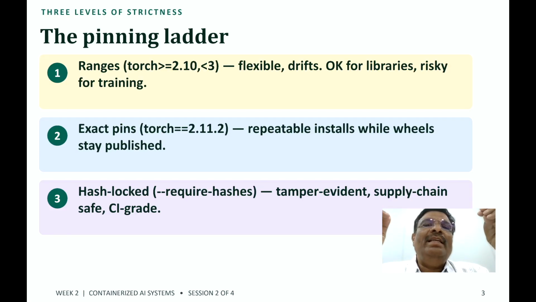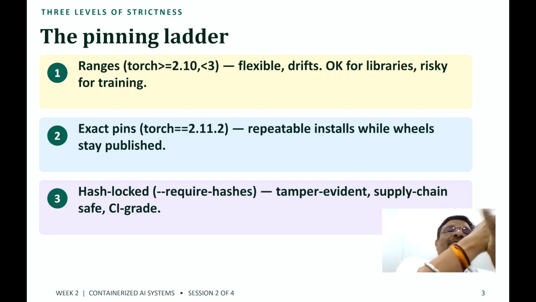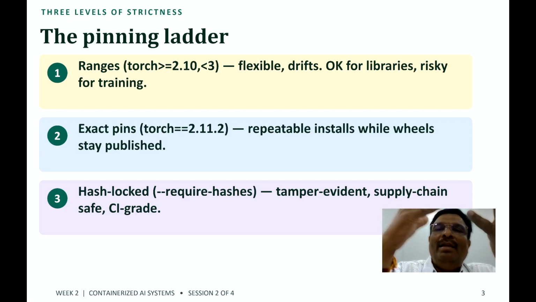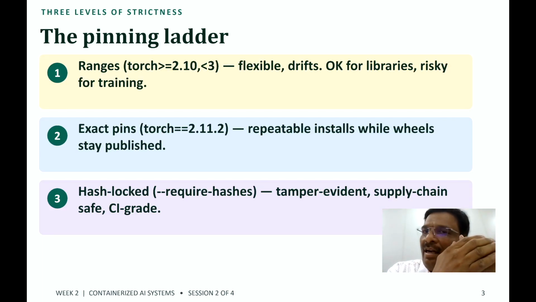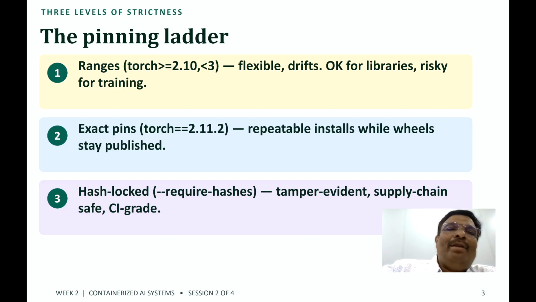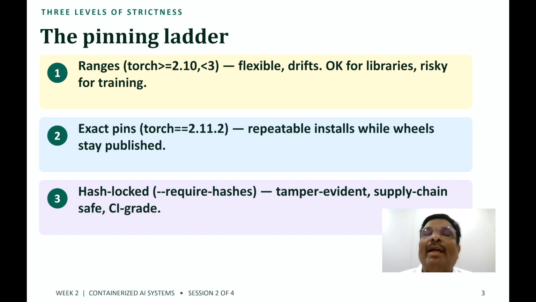That basically means any version from 2.10 up to 3 can be used. So it is flexible. It is a drift, obviously, but it is okay for libraries, and it is very risky when you are using it for training mechanisms.